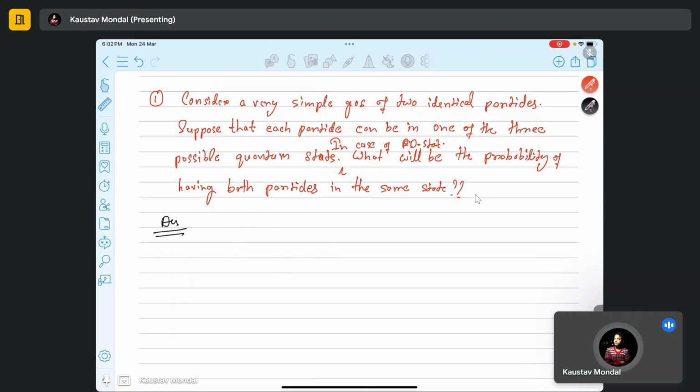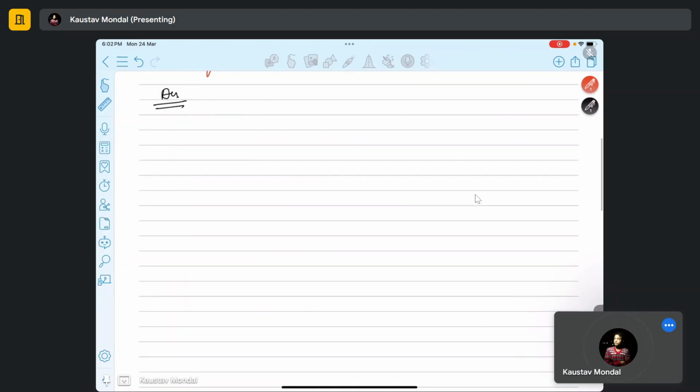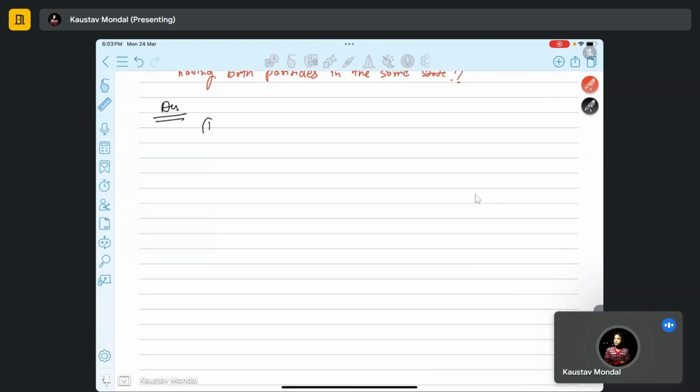Okay. So before solving this problem, let me recall all the properties of these three types of statistics. First comes the Maxwell-Boltzmann statistics, MB statistics. We know MB statistics is mostly applicable for classical particles. Classical particles means they are distinguishable particles, not quantum particles.